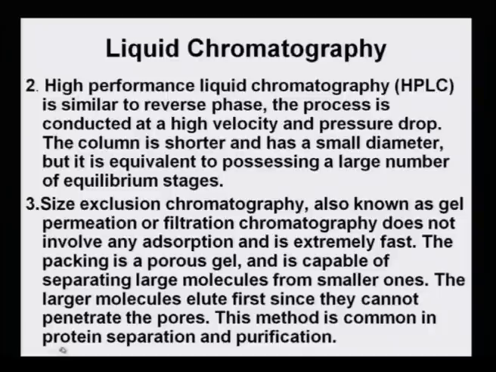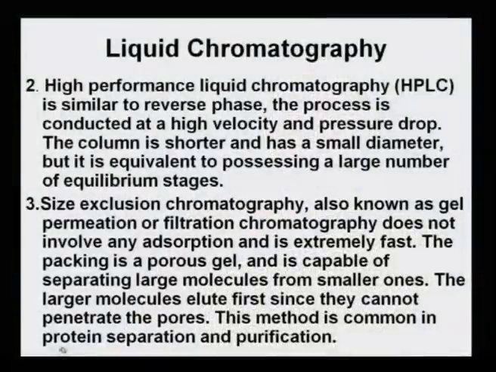Size exclusion chromatography, also known as gel permeation or gel filtration chromatography, does not involve any process of adsorption and is extremely fast. It is almost like sieving a material. The packing is a porous gel and is capable of separating large molecules from small ones. The larger molecules elute first, since they cannot penetrate the pores. This method is common in protein separation and purification.